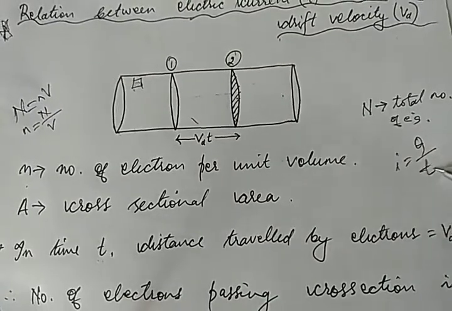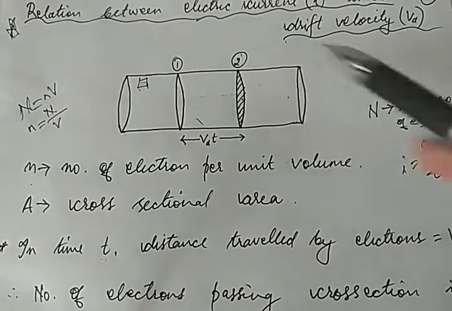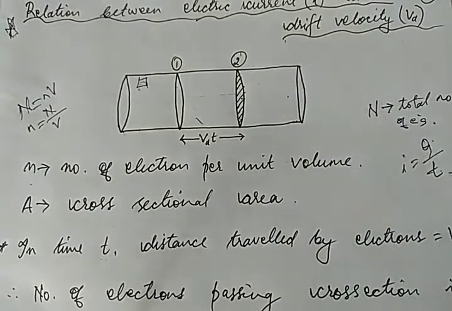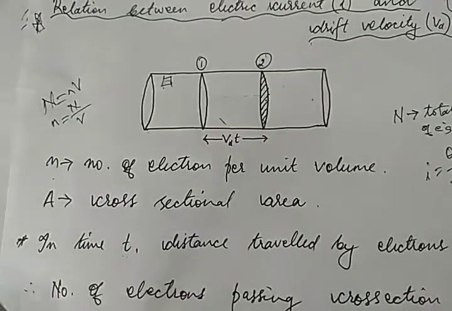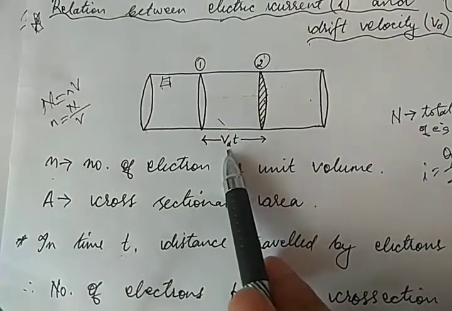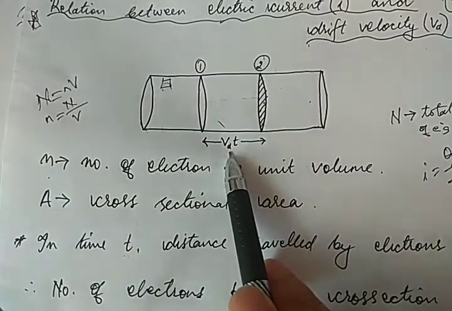So if we can find the charge flowing through this cross section in time t, then we can find the current.